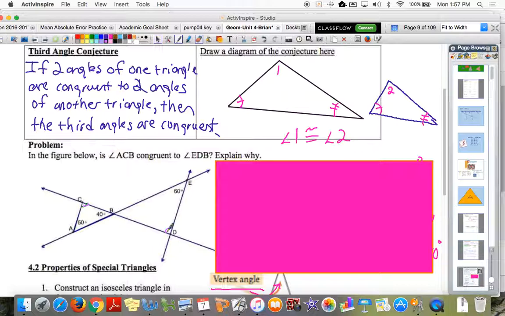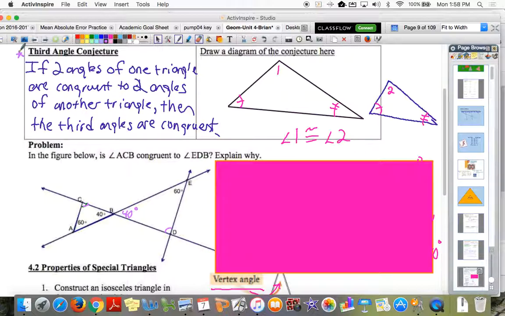So based on the information, if I were looking at this, thinking about the property that we just have, I notice that we've got 40 degrees here. Well, I also know this one's 40 degrees, right? Because these are vertical angles with each other. And now, let's just think about it. I have two angles in this triangle congruent to two angles in this triangle, so then their third angles must be congruent because of the third angle conjecture.